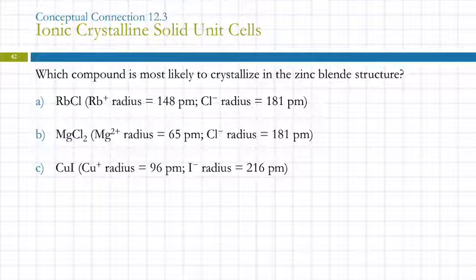What's the ratio of cation to anion? It's not 1-to-2. What's the other one? It's not 2-to-1 either. It's 1-to-1. This is just equal numbers. Size difference. Is this a big size difference, a medium size difference, or the same size?